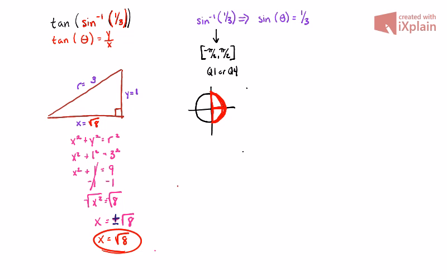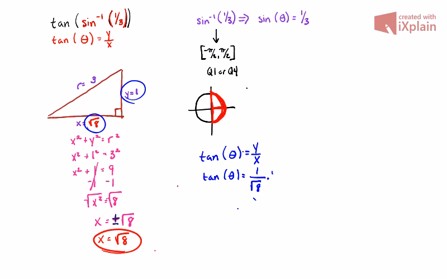Now we're done with the inverse sine. It's given us everything that we need. We know the x value, we know the y, we know the radius, and we also know the appropriate signs. So this leaves us with the following. We want to find out the tangent of this mystery angle. Well, we know that the tangent is going to be y over x. So the tangent of this mystery angle is going to be y, which is 1, over x, root 8.